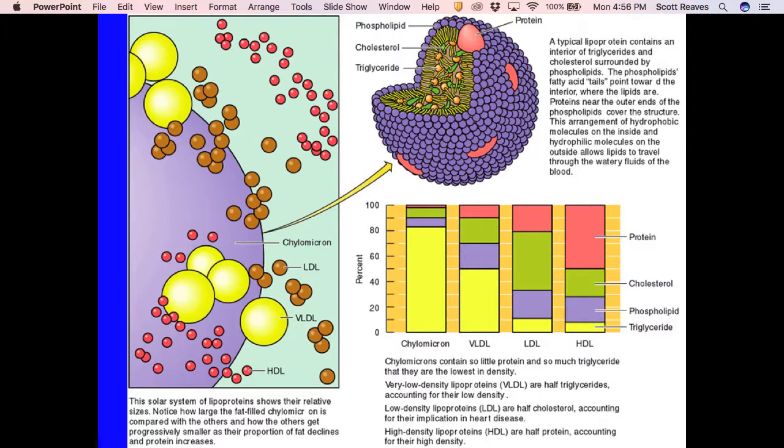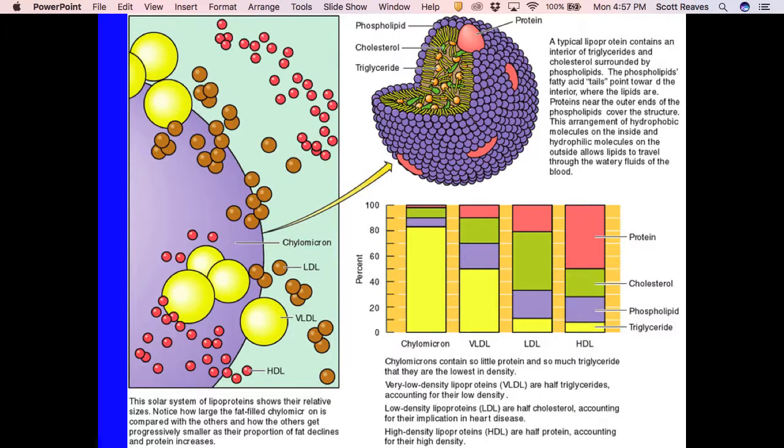We have triglyceride on the inside. We have some cholesterol here, and this doesn't show it, but there are cholesterol esters on the inside. So they all look like this, but with different sizes and ratios of protein to lipids. That's what changes their density and their metabolism. VLDL, the next least dense and largest of these, is also mostly triglycerides.